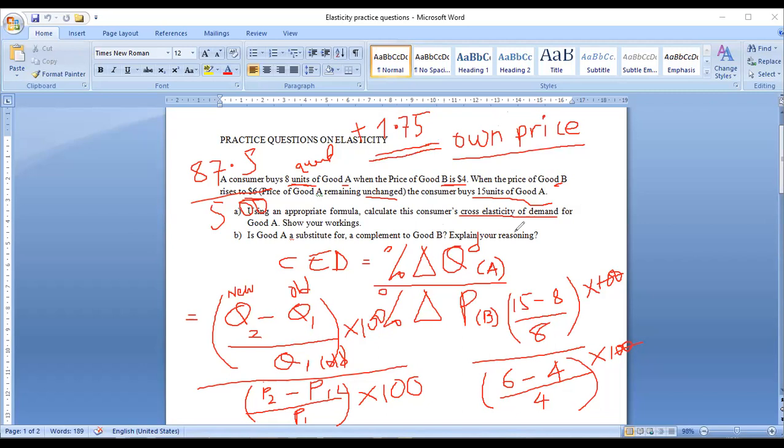We say that if it's a positive value, the two goods are substitutes. If it is a negative value, the two goods are complements.